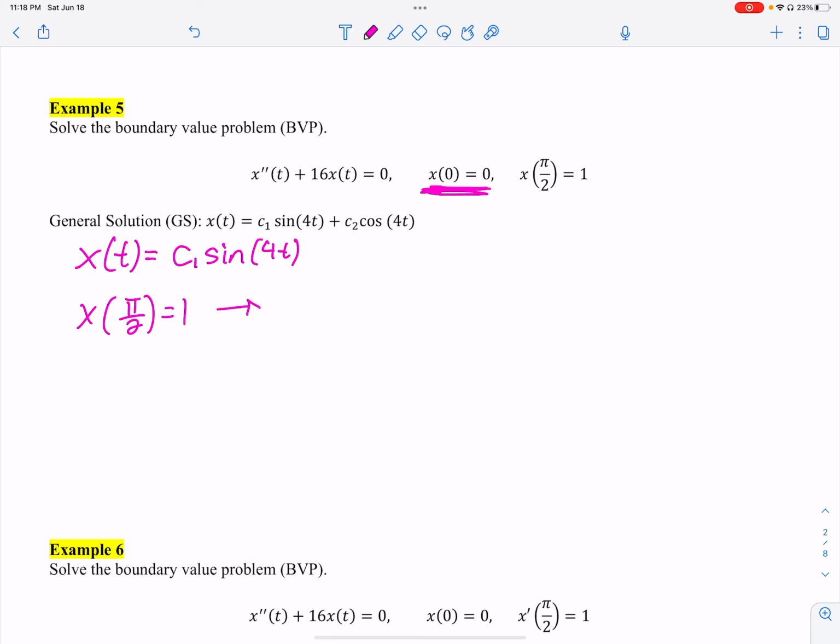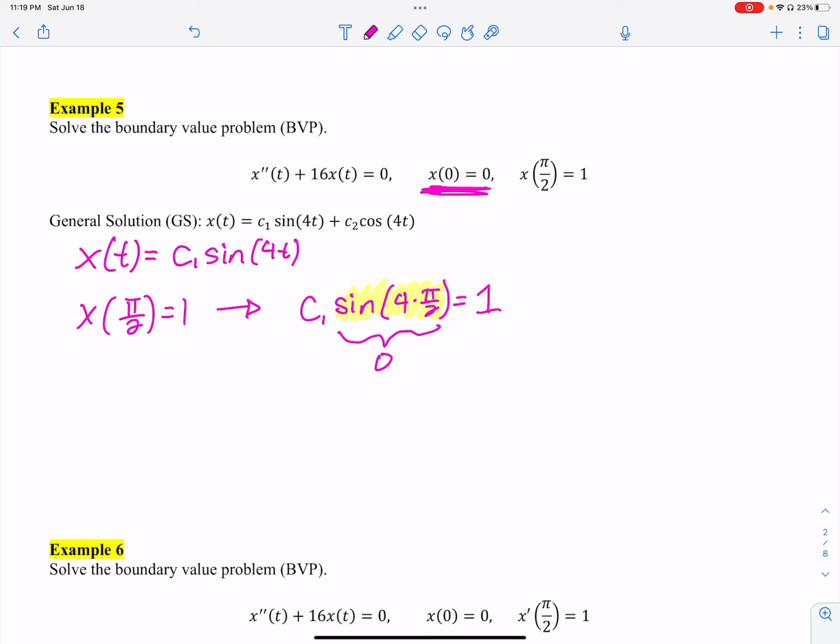equals 1, okay, so if I'm plugging this in, I get C1 sine of 4 times pi over 2 equals 1. All right, again, I know that that whole thing there is 0.